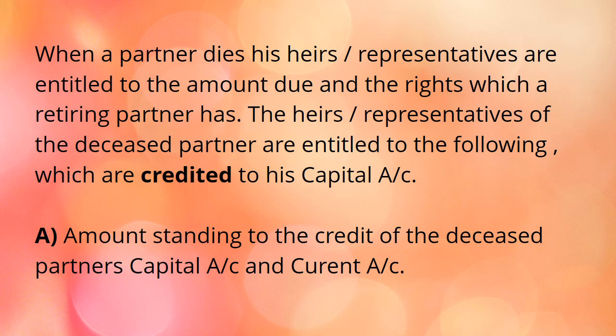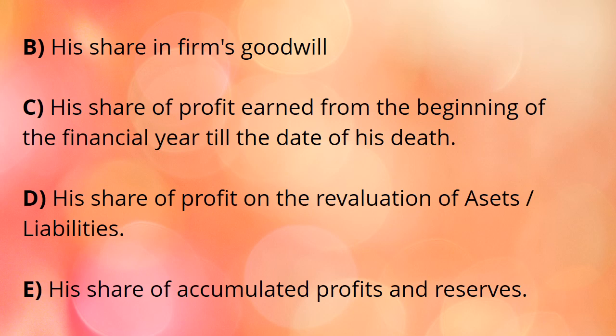A number, amount standing to the credit of the deceased partner's capital account and current account. B number, his share in the firm's goodwill. C number, his share of profit earned from the beginning of the financial year till the date of his death.